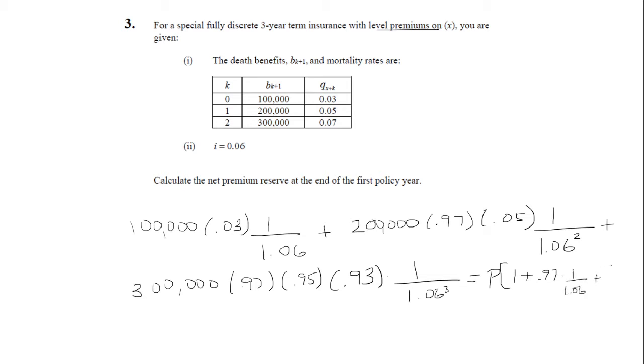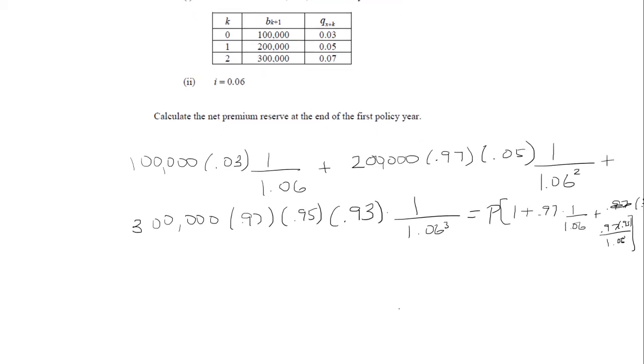The second premium means that we should survive 2 years, and then discount it back 2 years. When we do this and solve for P, we get that P is 10,131.17.